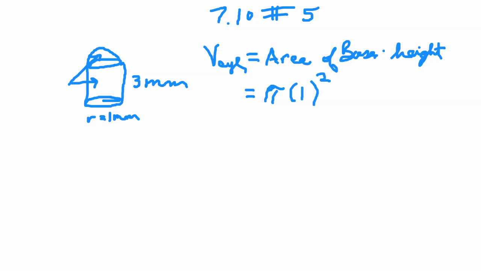And then the height is 3. It tells us to use 3.14 as the approximation for pi. So if we multiply all that together, it's actually 3 pi: 3 times 1 times 3.14.